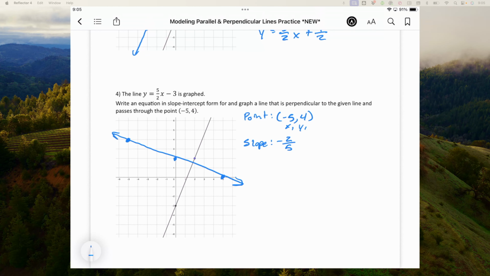So on to the equation, y minus y1 is equal to m times x minus x1. Y minus 4 is equal to -2/5 times x minus -5.